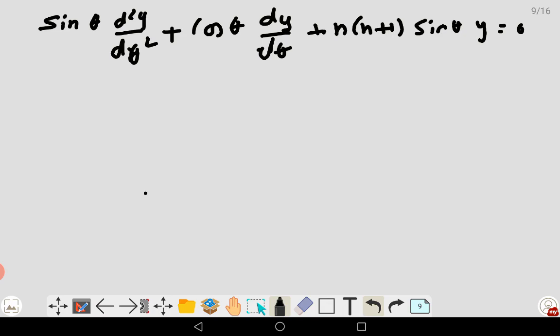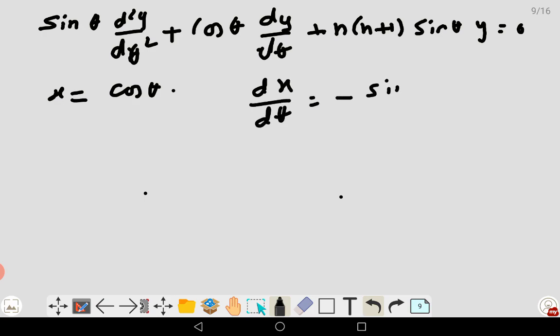Our choice given as x is equal to cosine theta. So what is dx over d theta, which is negative sine theta, isn't it? Now we want to convert into Legendre's differential equation. We want to replace this term, isn't it? We have to find what is d square y by d theta square, what is dy by d theta.